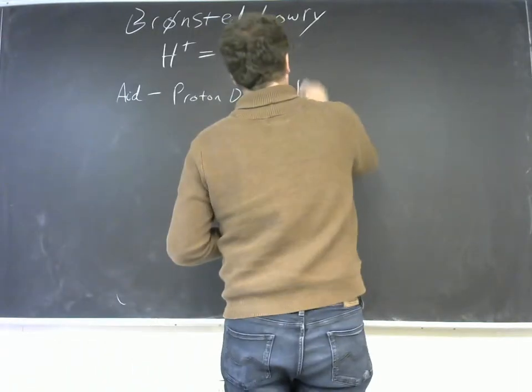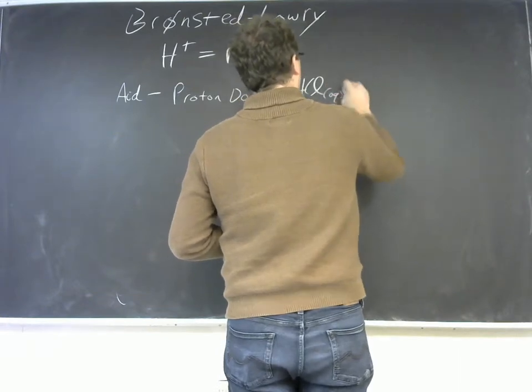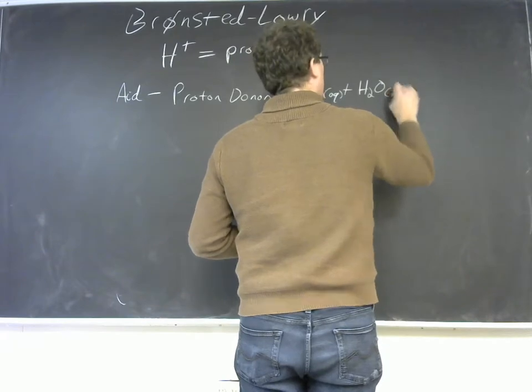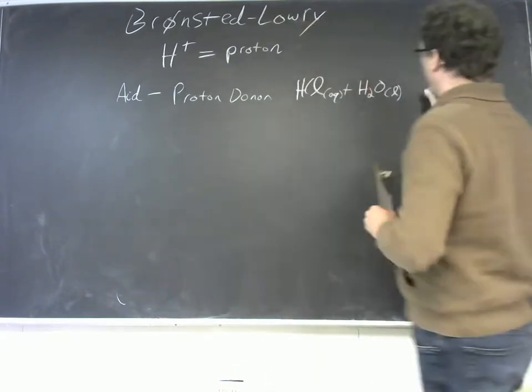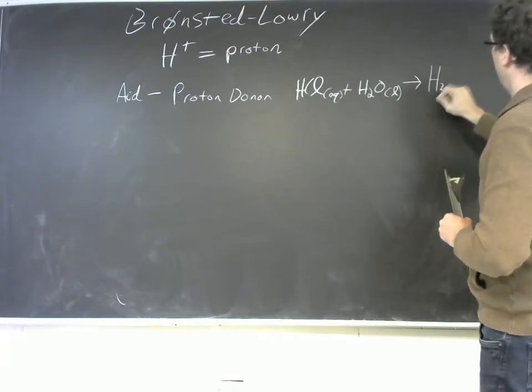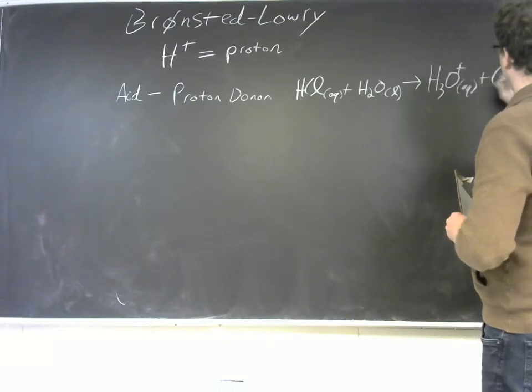So let's consider HCl plus H2O. I have hydrochloric acid reacting with water. That's going to form H3O+ and Cl-.